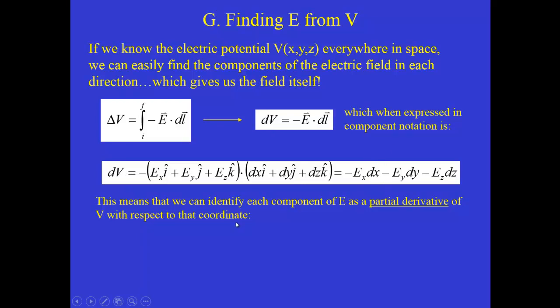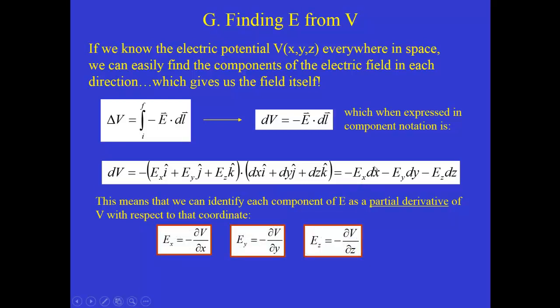If you haven't seen partial derivatives, don't worry, I'll explain them very briefly. But here's the result. We can identify each of these components, Ex, Ey, and Ez, as minus, because of the minus sign, minus the partial derivative of V with respect to x, minus the partial of V with respect to y, and minus the partial of V with respect to z.